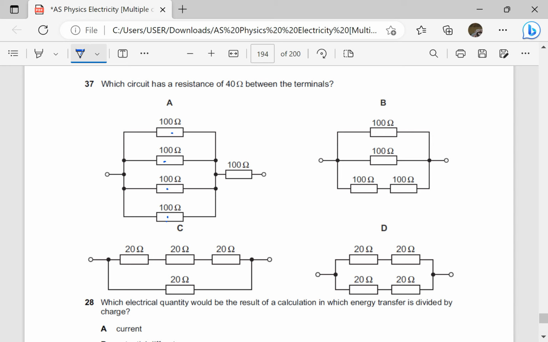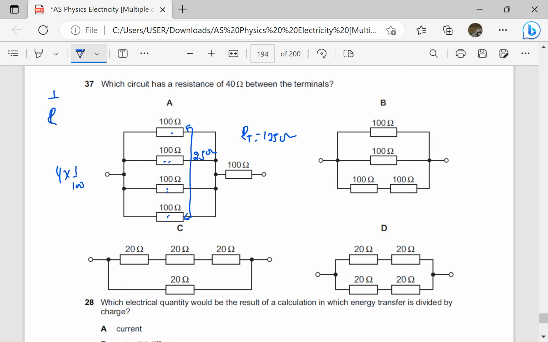An expert will be able to see that if these four are in parallel, their total resistance is going to be 4 times 1 over 100, which is 4 over 100. Then you get the reciprocal, that gives you 25 ohms, just one, which will be in series with 100. That means total resistance here is going to be equal to 125 ohms.